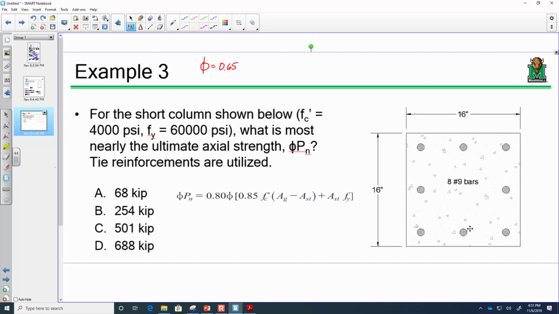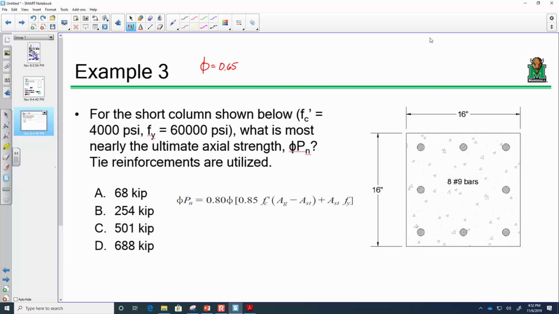So there's our formula. So all I got to do is just plug and chug. So 0.8 times 0.65 times 0.85 times 4 KSI times, okay, Ag minus Ast. What's the gross area of this column? 16 squared.